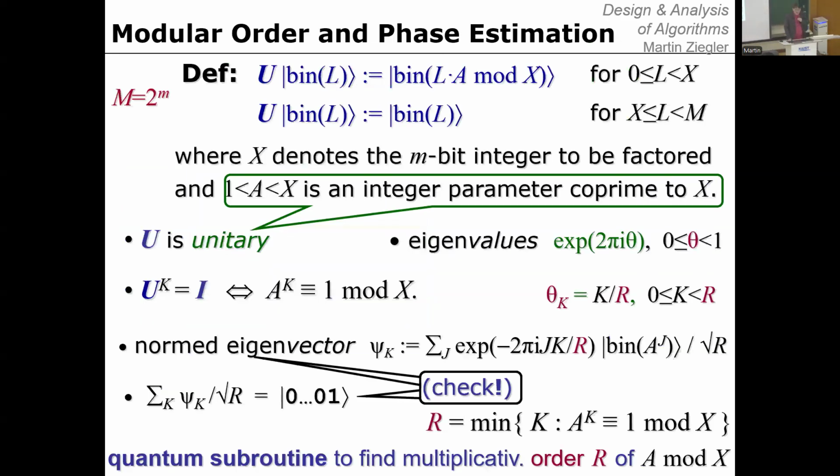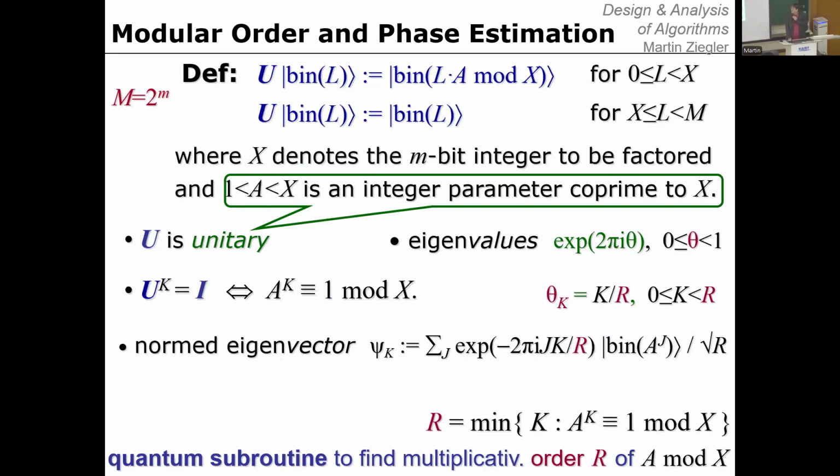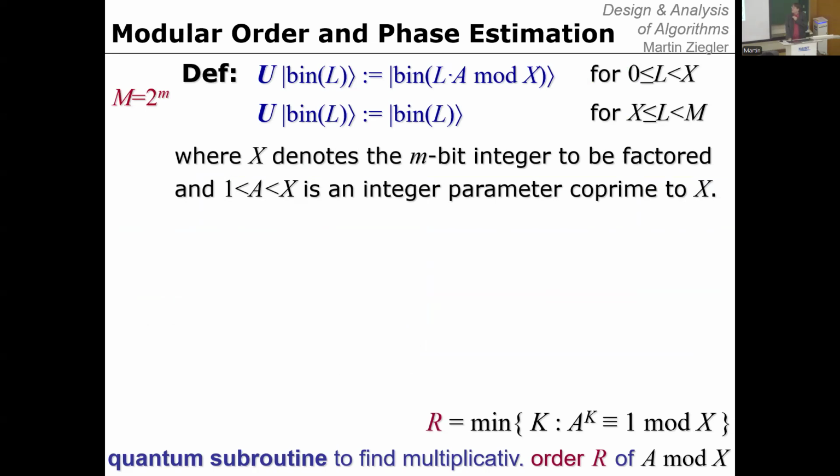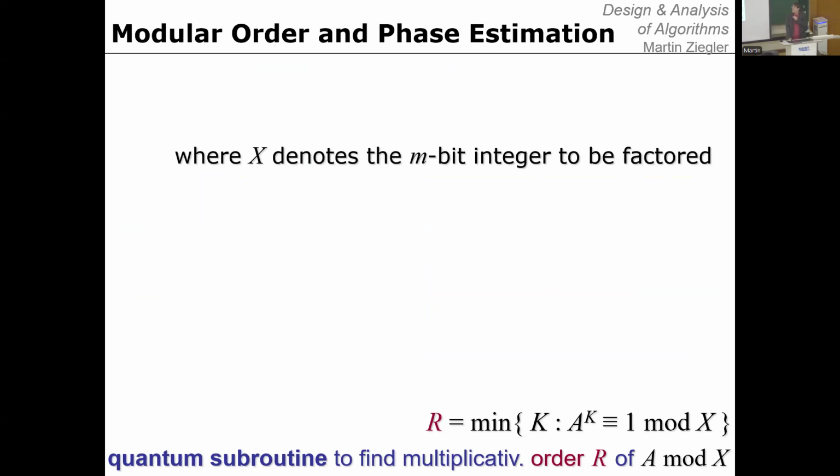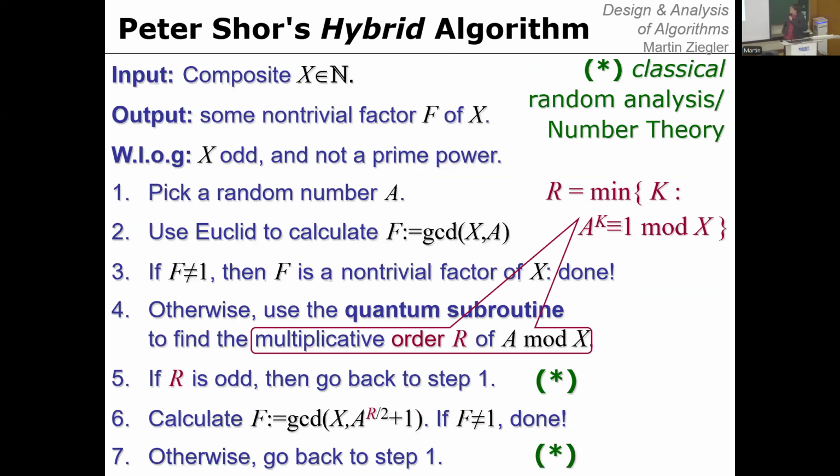The answer is contained, although not quite obviously, in these two slides: the slide on how modular order relates to phase, and how determining the modular order allows us to factor the integer in Shor's hybrid algorithm, which is classical and uses a quantum subroutine to calculate the order using phase estimation.